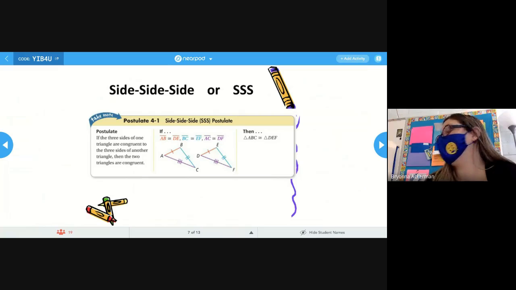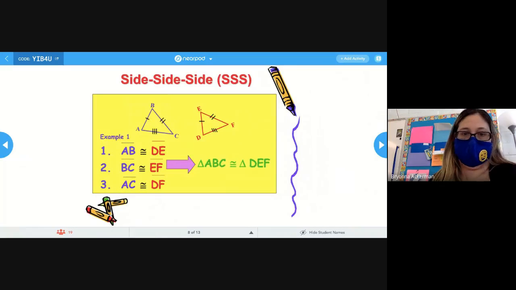Okay? So another way to look at it a little closer is I have no information given about angles in this, right? So my question is, are all 3 sides congruent to all 3 sides of the other one? And so we're comparing the blue triangle to the red triangle, right? And so since AB is congruent to DE, that's one side.